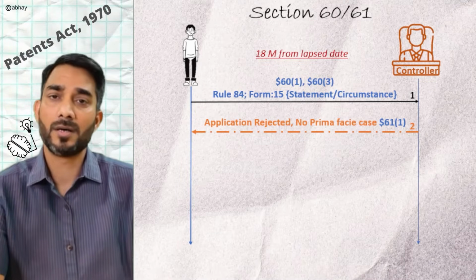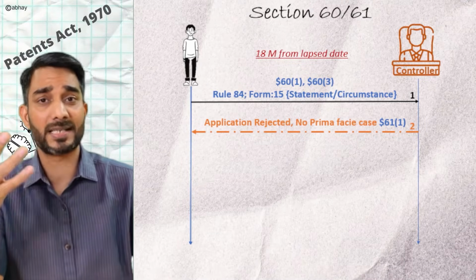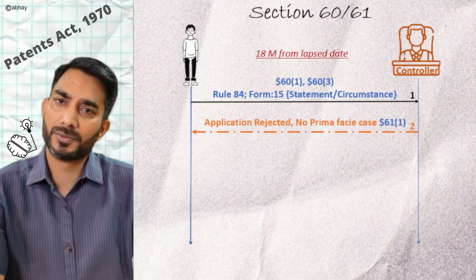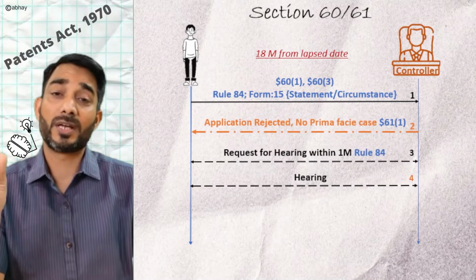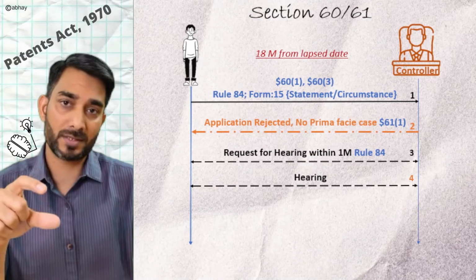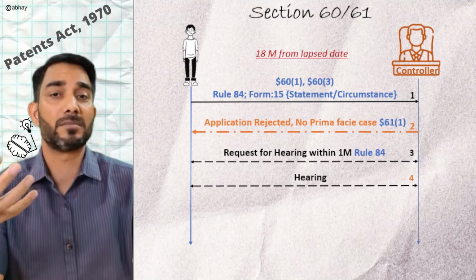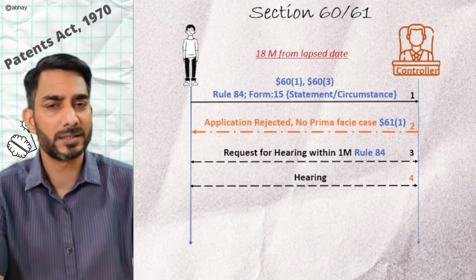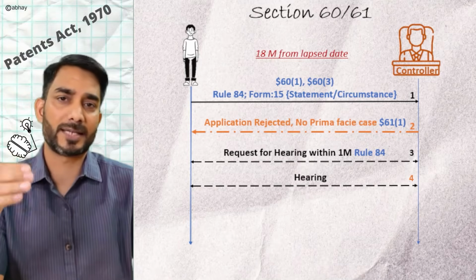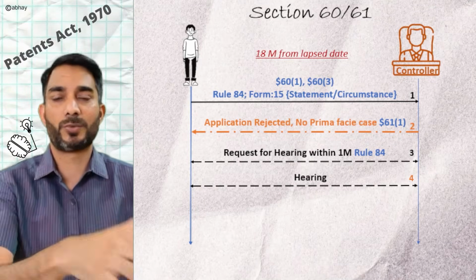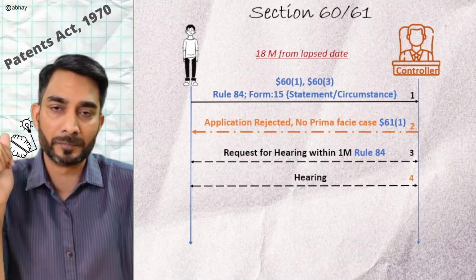Accordingly, the controller may reject the application and intimate you. So is that the end of the world for you? No. You can reach out to the controller within 1 month requesting for a hearing where you can explain yourself in a better manner. Controllers usually provide such hearing opportunities where you can explain all the circumstances that led to the situation where you were not able to pay the renewal fee.